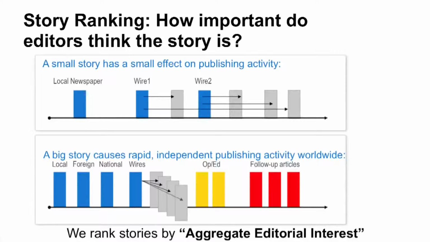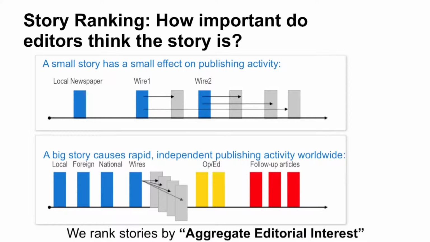It might be covered in their local newspaper and also picked up by a few wires. But this is still a relatively small story, not showing as much aggregate editorial interest as, say, a larger story like the death of Michael Jackson, which is not only published in a local newspaper, but also foreign and national papers, covered by many wires, also including op-ed articles and follow-up articles.